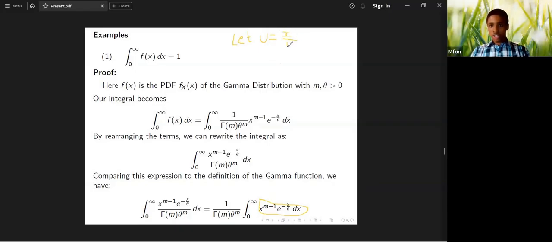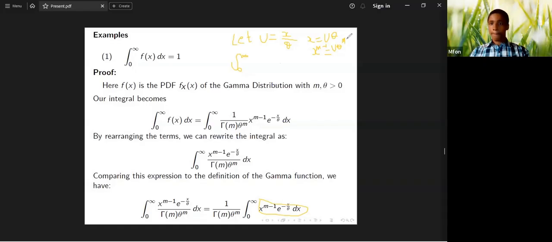Once we make this substitution, our integral will now become the definite integral from 0 to infinity of, since u is equal to x over theta, we know that x is going to equal u theta, meaning that x to the m minus 1 is the same thing as u theta to the m minus 1.